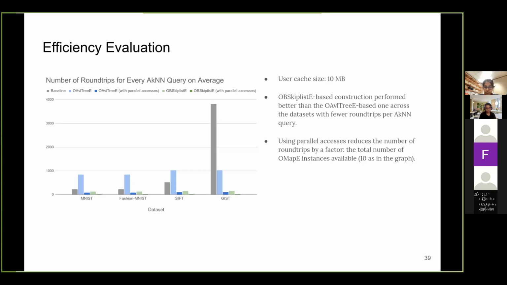We have the Oblivious Tree and Oblivious Tree with parallel access, and ObfuscatedLy and ObfuscatedLy with parallel access. We found that the ObfuscatedLy-based construction performed better than the Oblivious Tree-based ones across the data sets, with fewer round trips per AKN query. And using parallel access reduced the number of round trips by a factor of the total number of OMAP instances available.